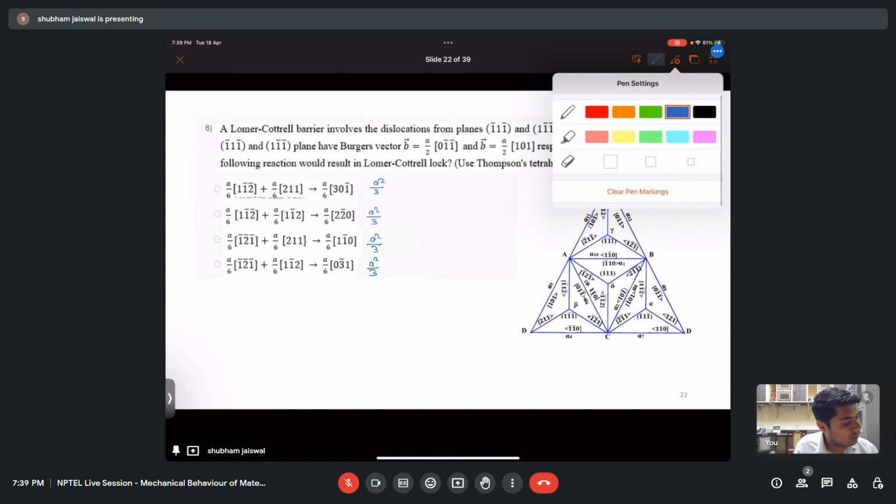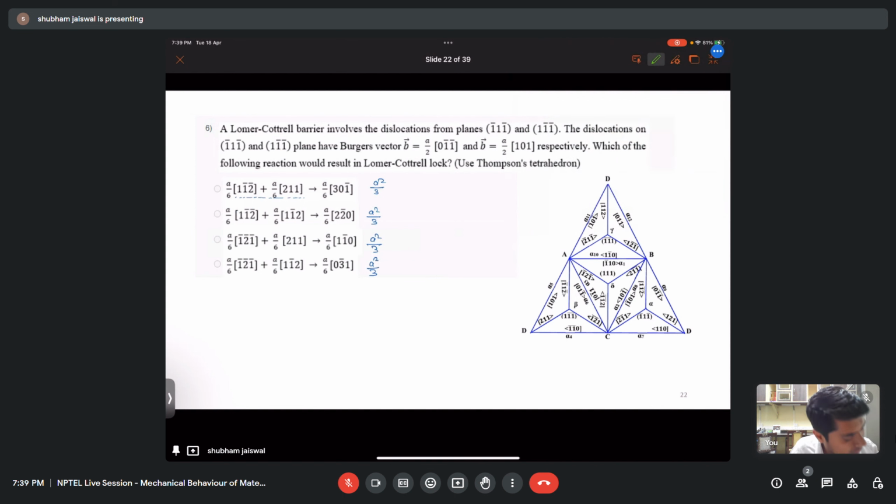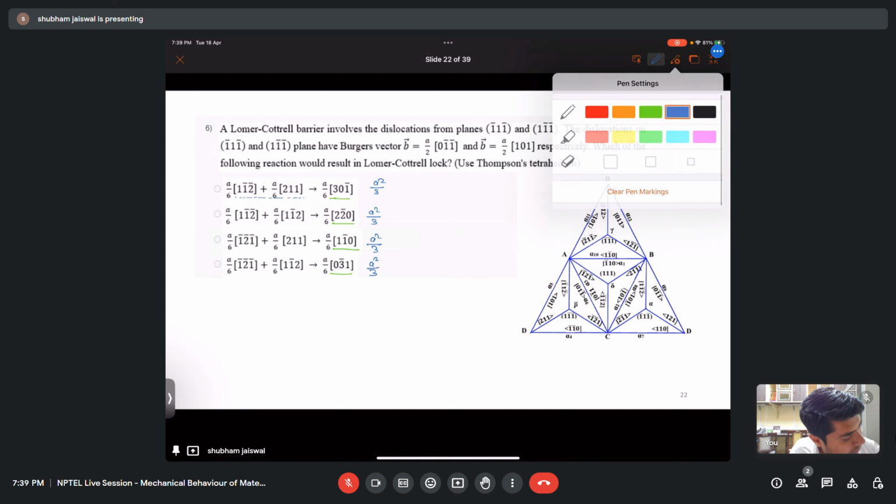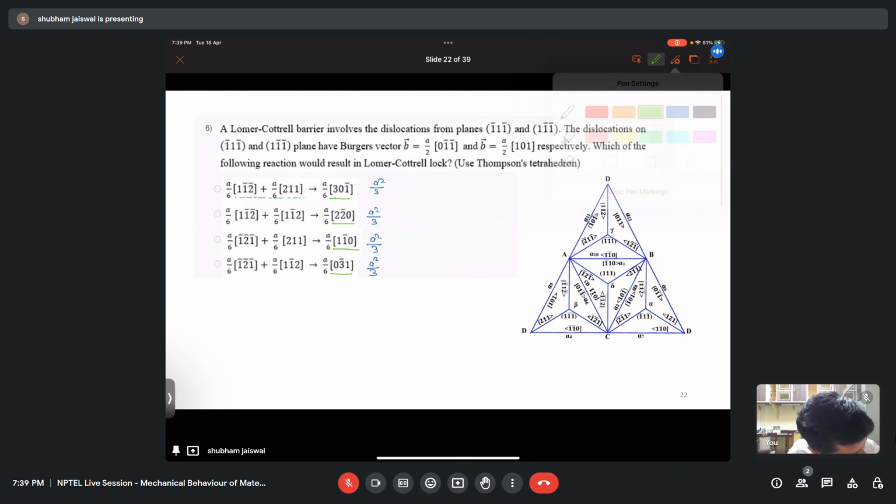Now if we check for this green one, we'll get a value somewhere around 9 plus 1 divided by 36, so it is somewhere around 5 a square by 18.